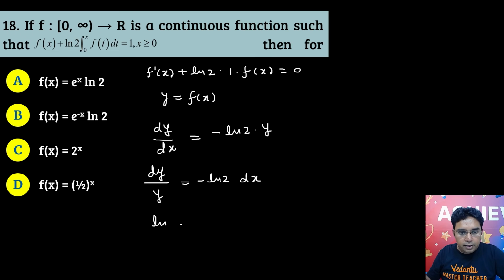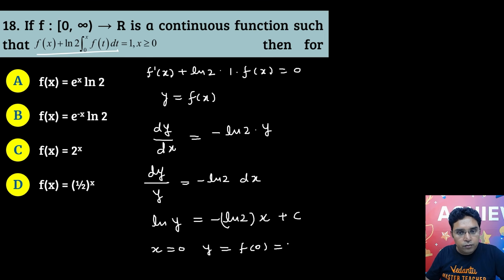Its integration will be ln y is equal to minus ln 2 into x plus c. Now from the given relation, when x is equal to 0, this definite integral will become 0. So f(x), or y, at x equal to 0 will be equal to 1. If we put it here, we get 0 is equal to 0 plus c, so the value of c is 0.